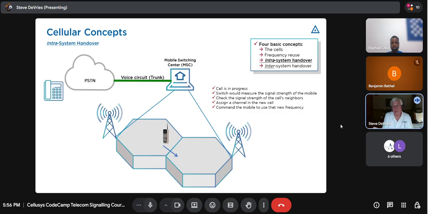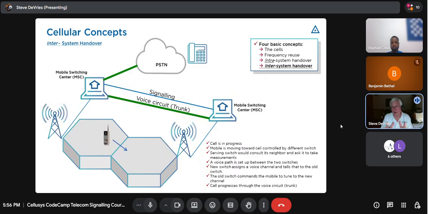The system just says, okay, you're now here. It doesn't assign anything because you're not assigned anything. If you're not engaged in a call here, there's no radio channel, there's no voice channel. So you merely get deregistered here and re-registered here, assuming that these two networks have a roaming agreement.